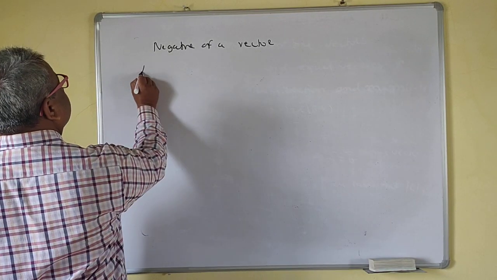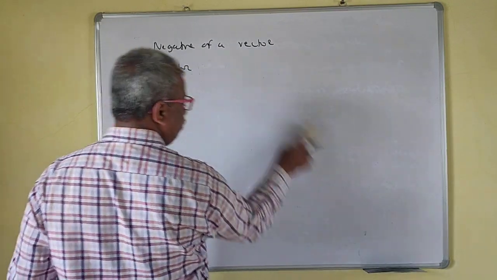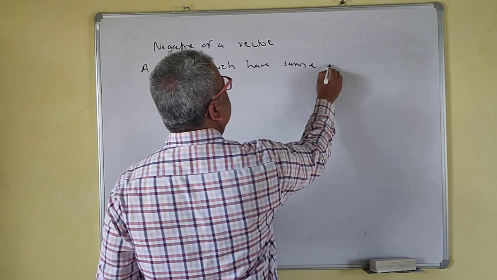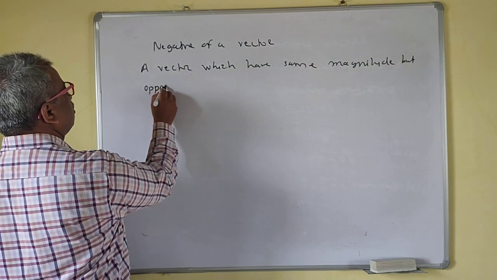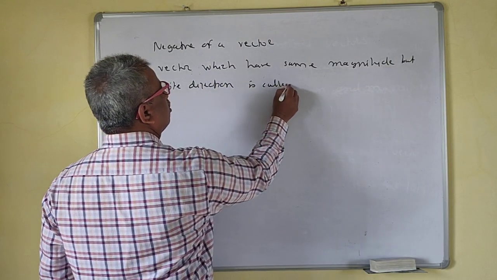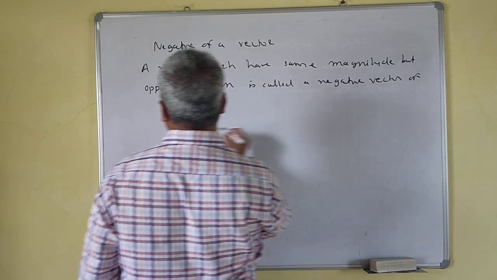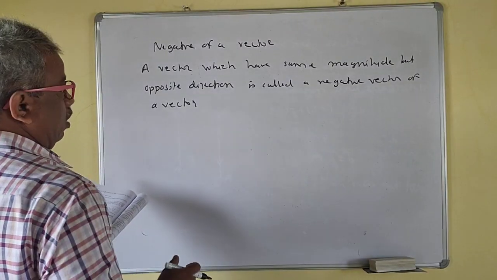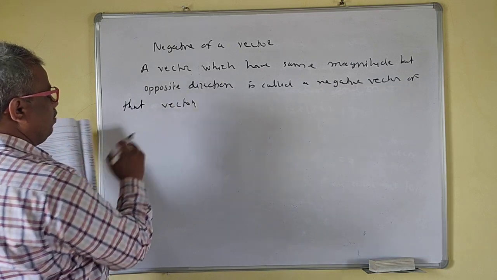So a vector which has the same magnitude but opposite direction is called a negative vector of a vector.